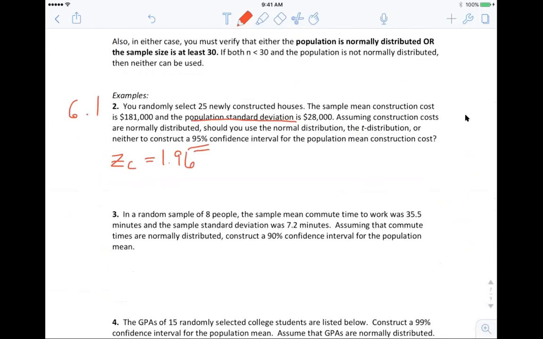All right, and then find your margin of error. It's always the ZC times the standard deviation divided by square root of n. Calculate that out.